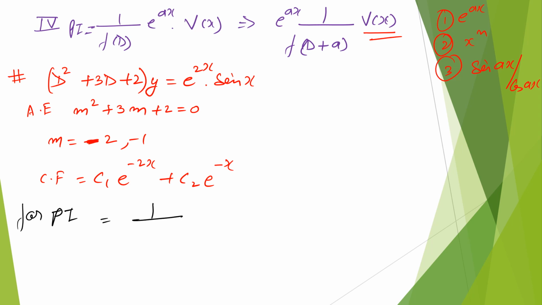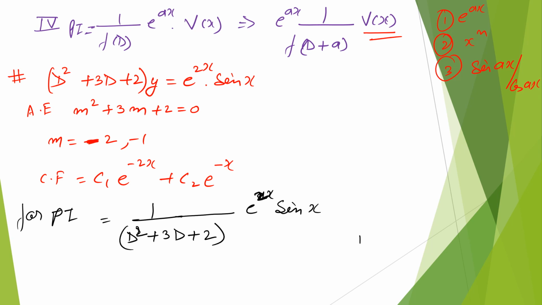1 over d square plus 3d plus 2 into, sorry, this is d square, into e to the power ax into function of v, which is sin x. To solve this we have to consider that a is 2.